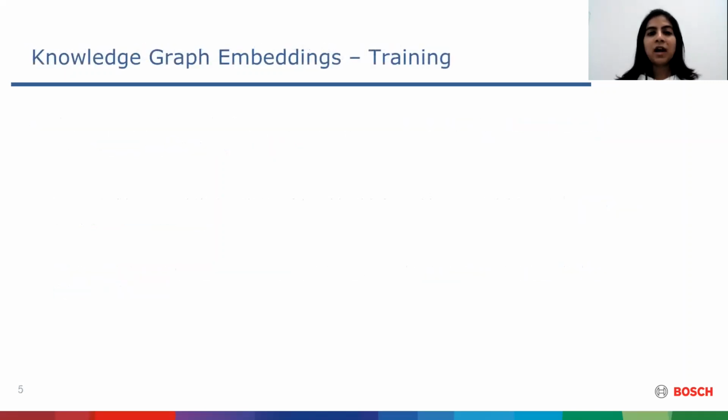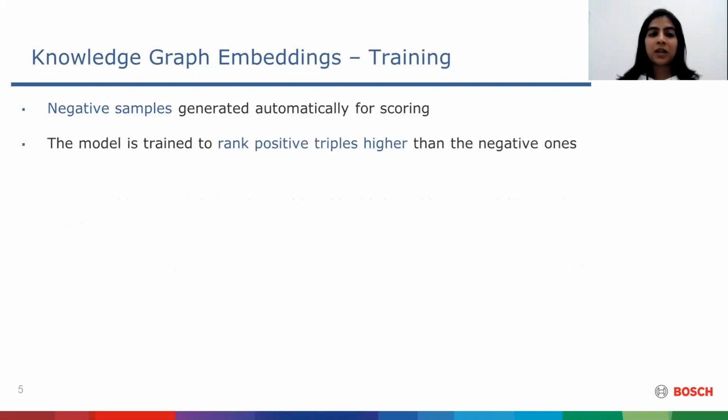Let us have a look at how the knowledge graph embeddings are trained. During the training process, negative samples for each positive sample are being generated automatically. This is being used for scoring. The idea is that the model is trained to rank the positive triples higher than the negative ones.